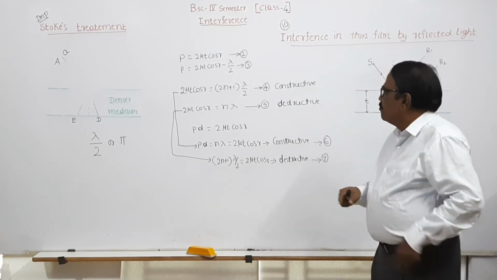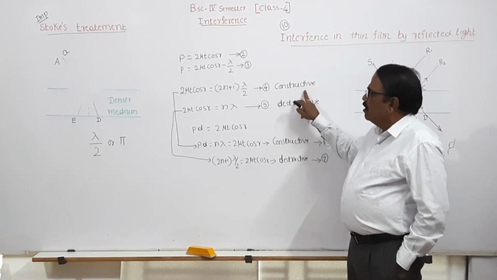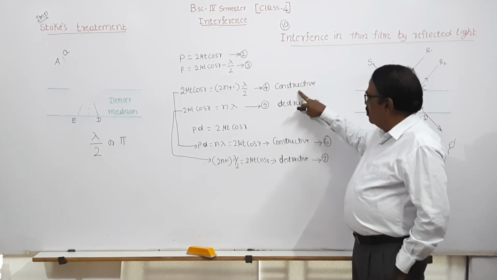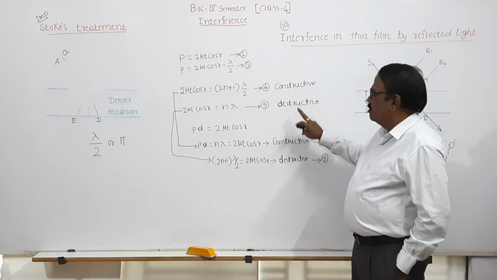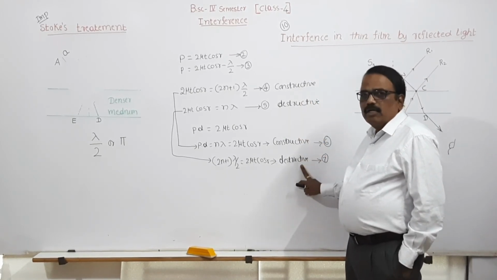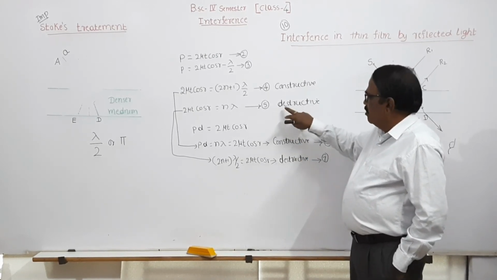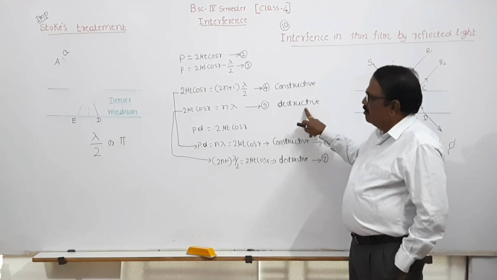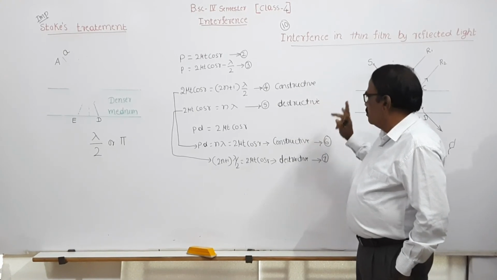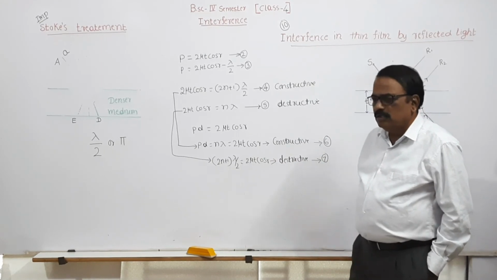That means a band which is bright in a reflected system, the same band appears as dark in the transmission system. Again, a band which is dark in reflected system appears as bright in the transmission system.